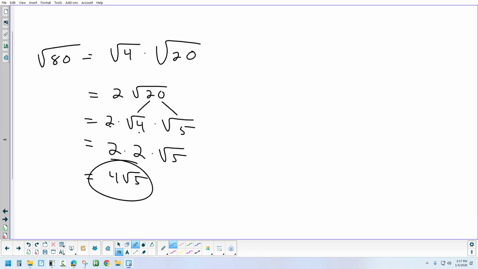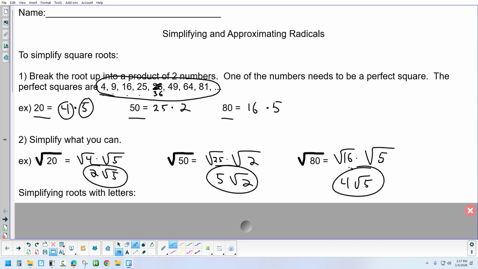So we just simplified the square root of 80, and we got 4 square root 5. Look at what we got on the other page. 4 square root 5. We get the same answer.